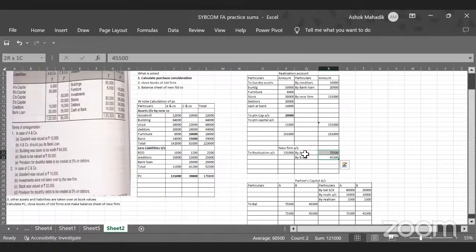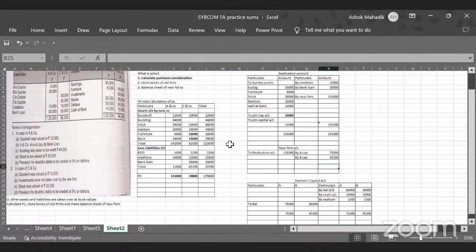Let us see what is the total of these two. 121,000. Check sum. I think one more mistake must be there in the sum, because this should tally. Check asset side also. Wait, let me check. I directly took the sum.